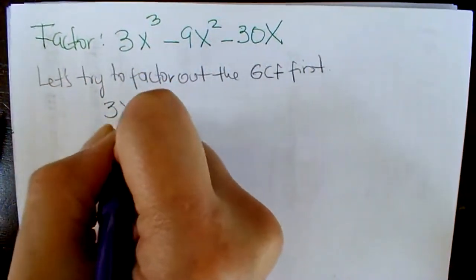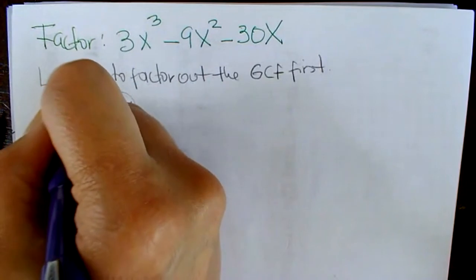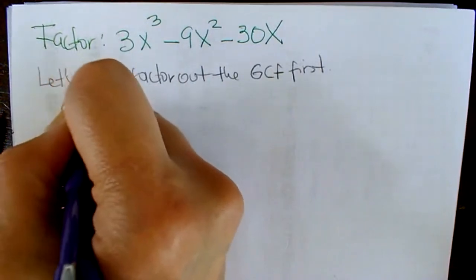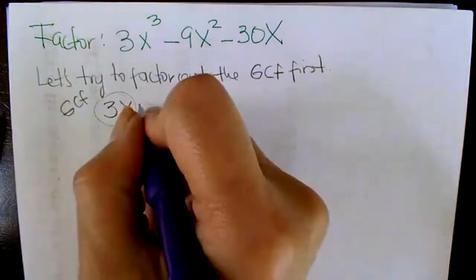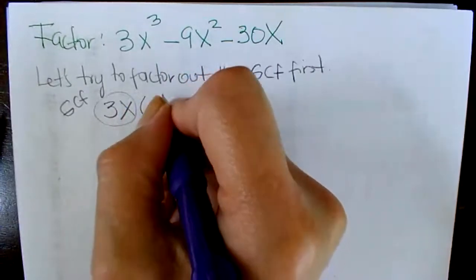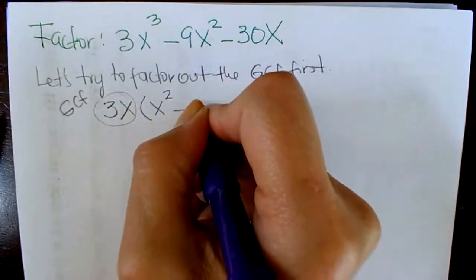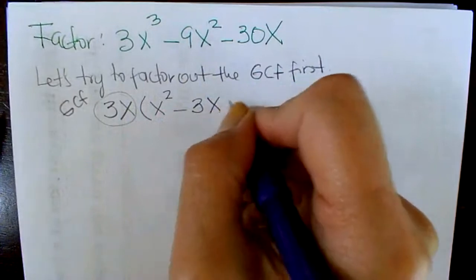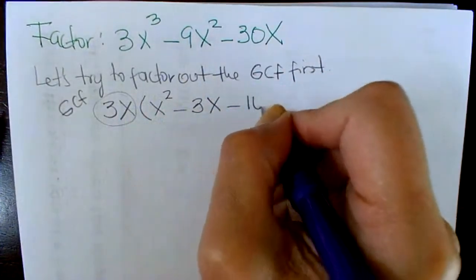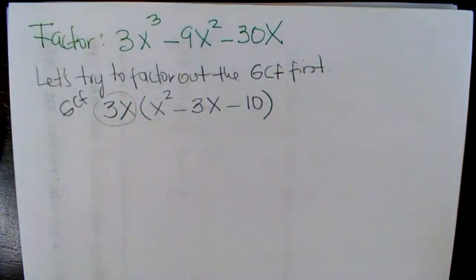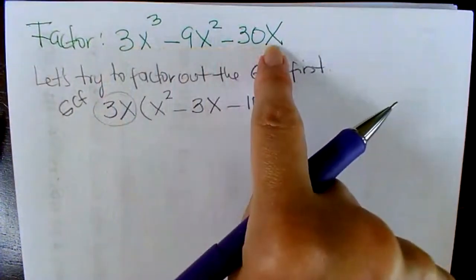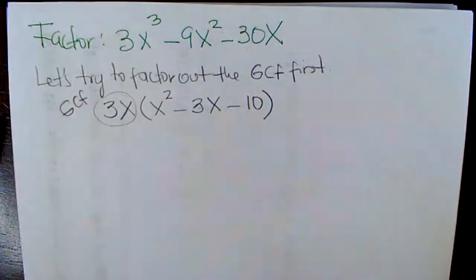It's 3x. This is my GCF, greatest common factor. So what do I have left? I have x squared minus 3x minus 10. I just factor out the greatest common factor out of this one. That's it.